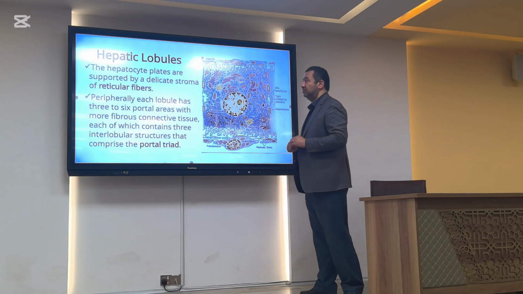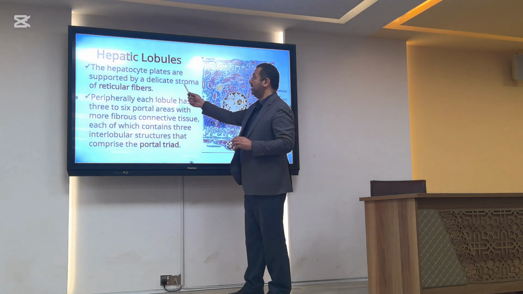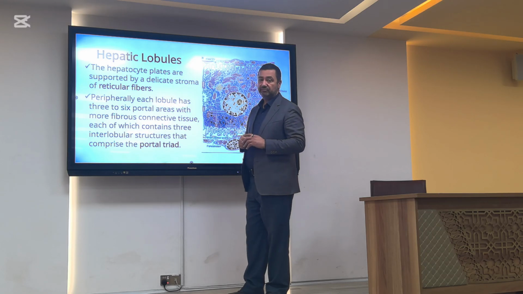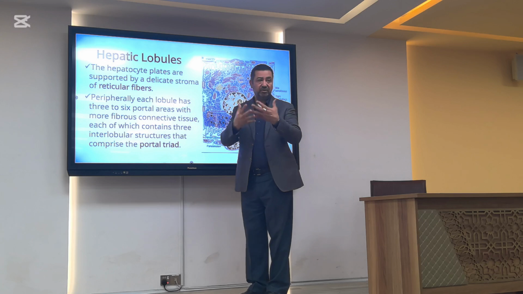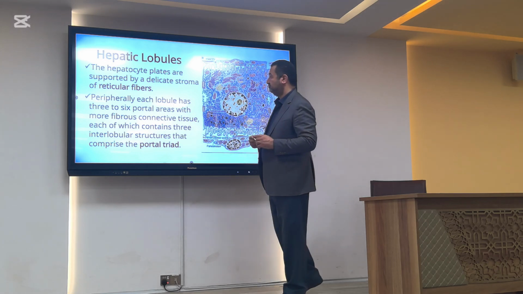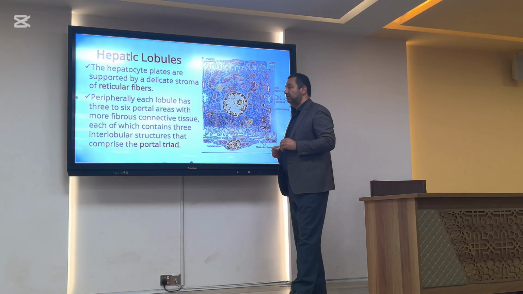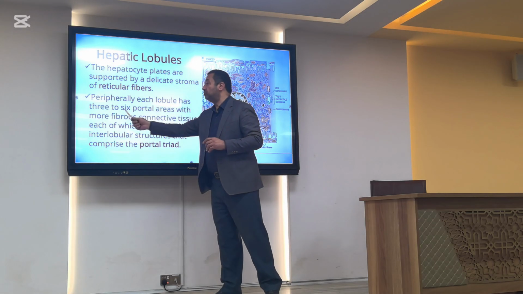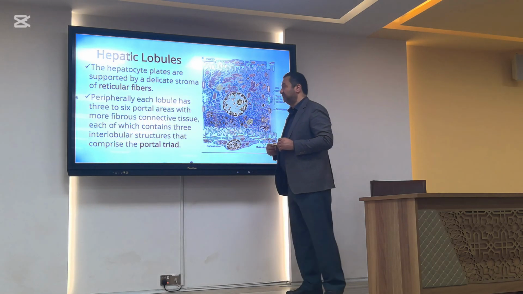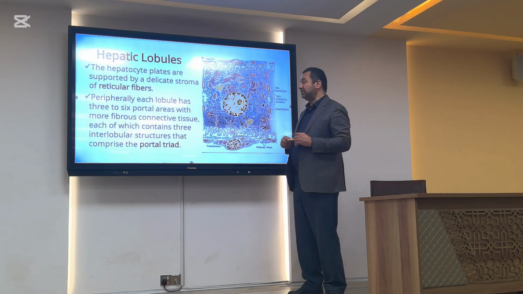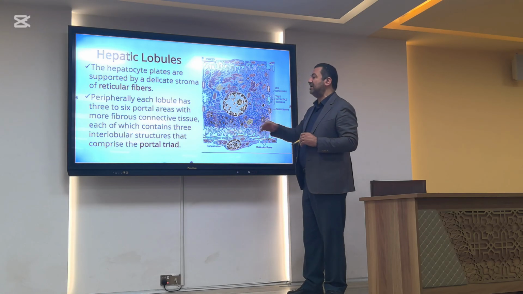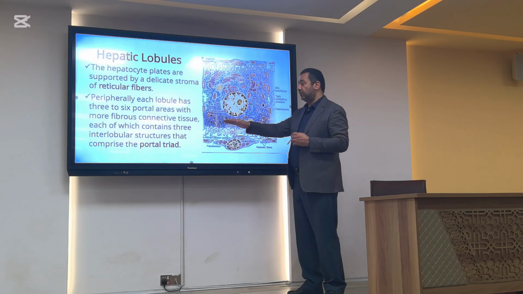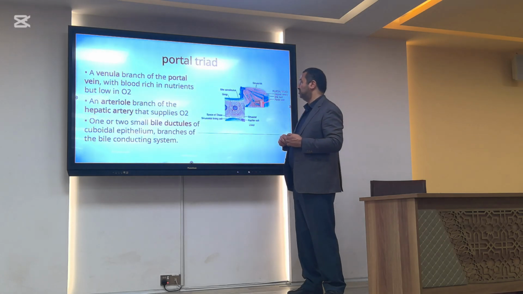Hepatocyte plates are supported by a delicate stroma of reticular fibers. Peripherally, each lobule has 3 to 6 portal areas with more fibrous connective tissue, each of which contains 3 interlobular structures that comprise the portal triad.